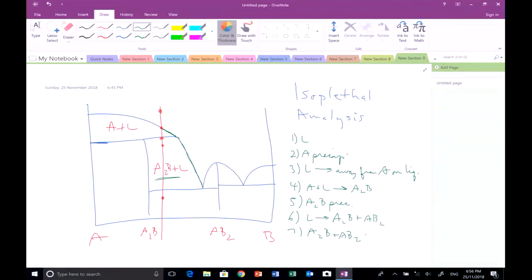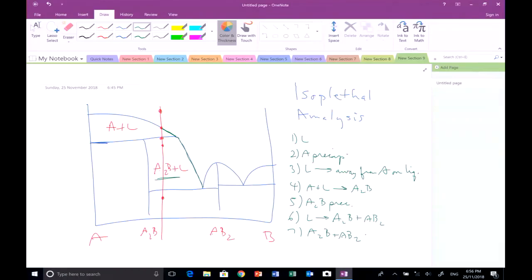So you just kind of follow what happens as you take the temperature down on one composition. Look what phase fields or phase assemblages you enter into. Give me the invariant points as you cross them, and you've got it right. So at equilibrium, the microstructure will consist of A2B and AB2, if it's at equilibrium.